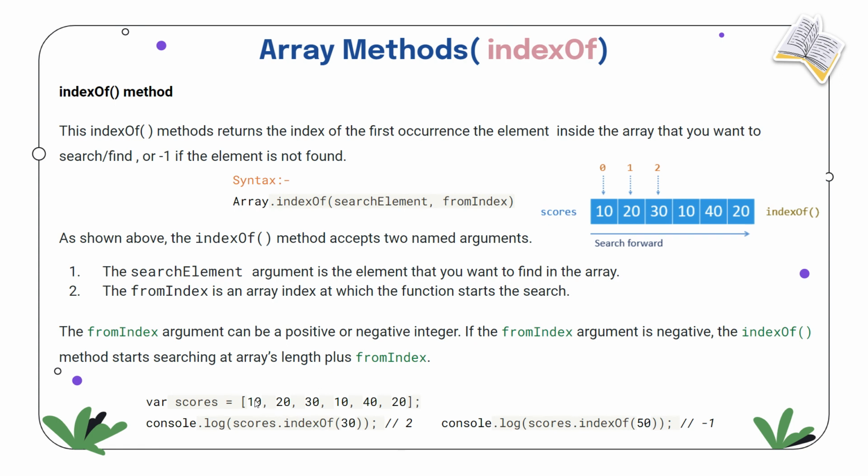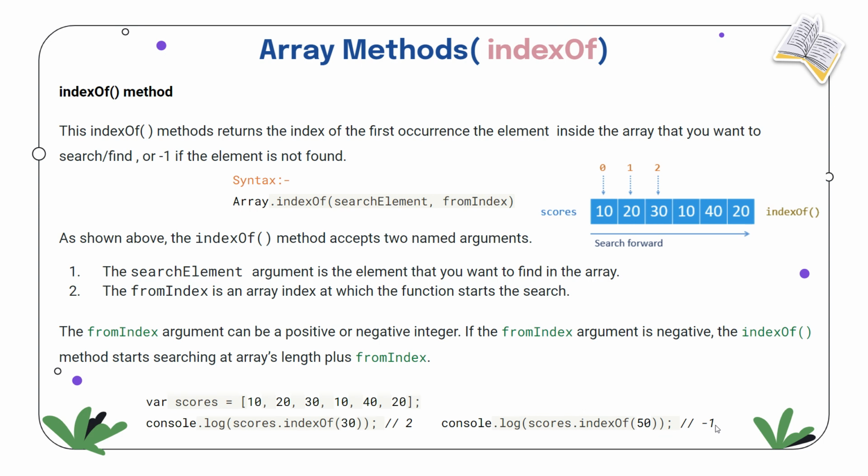So 30 is present inside the array, and it is at index 2, because 10 is at index 0, 20 is at index 1, and 30 is at index 2, so the result will be 2. But in the second example we are trying to find 50, but 50 is not present inside that array. So what happens here? It will return -1.